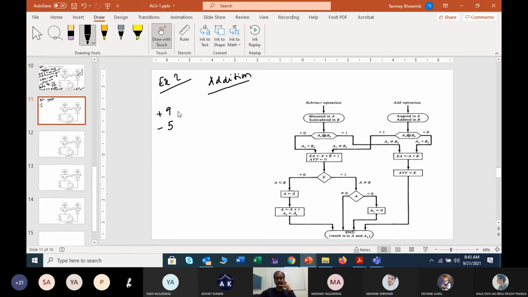So this should be your A and this should be your B. So that means what should be in AS? In AS it should be 0. In BS, what should be stored in BS? The sign bit of number B.